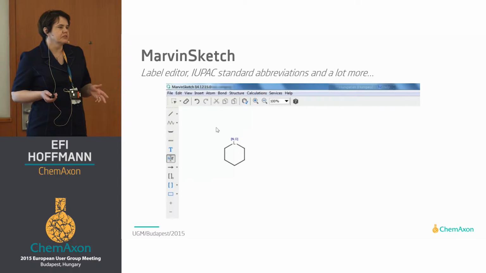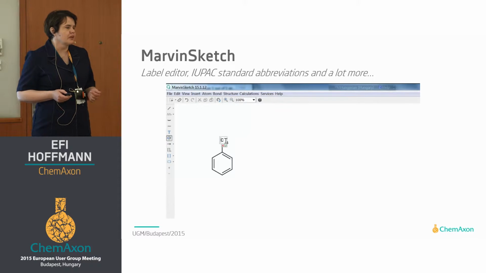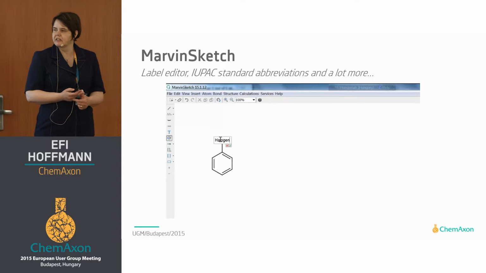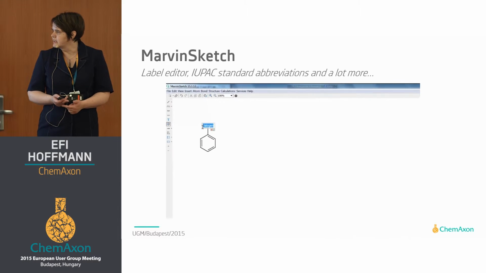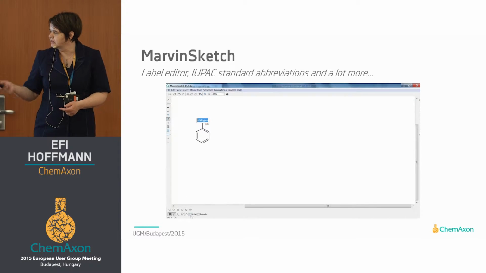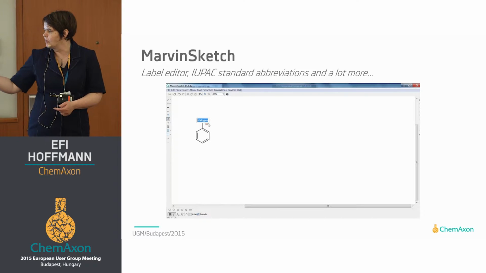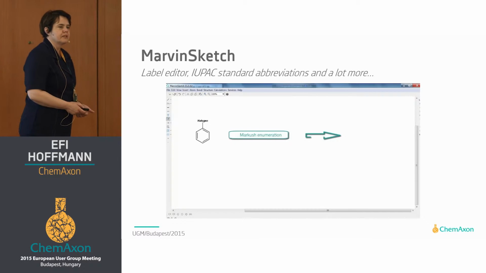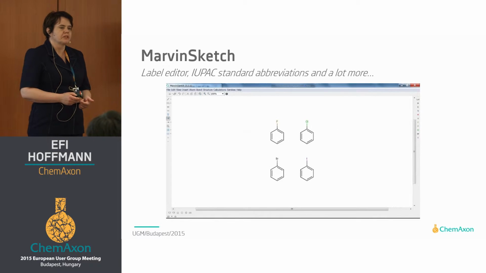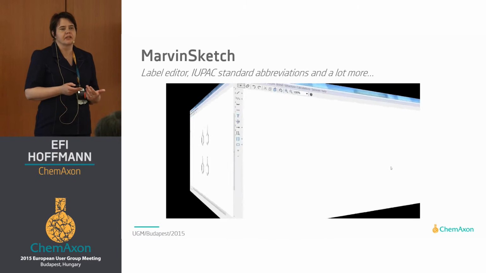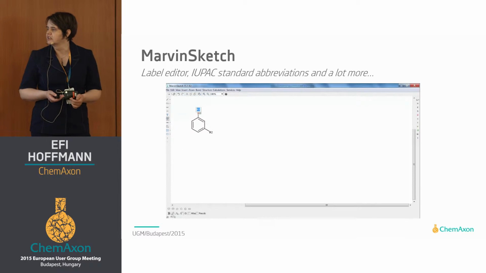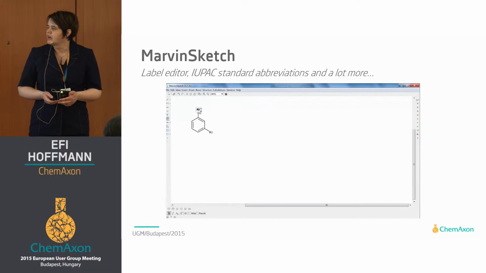With it, you can format abbreviated groups, not just basic formatting like font type: bold, italics, subscript, superscript. But after you format the group, it keeps its chemical meaning. Behind it, it's still the same structure.